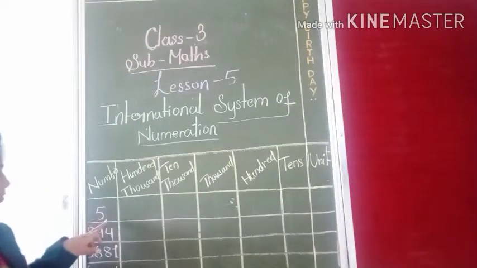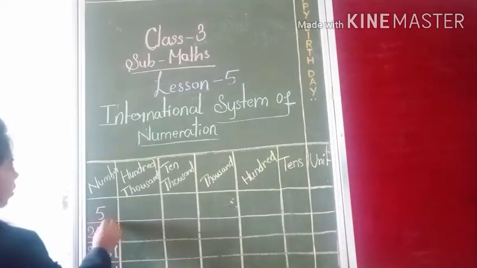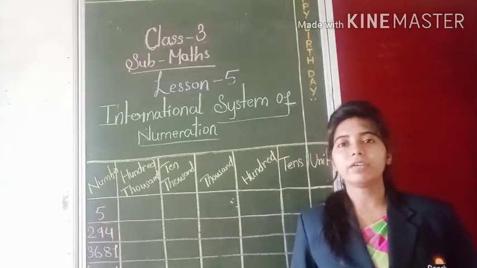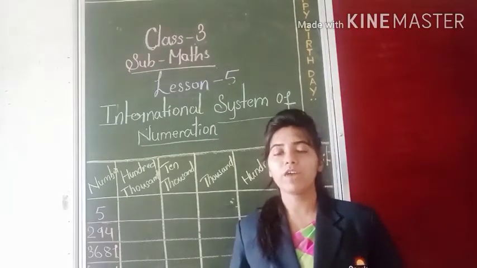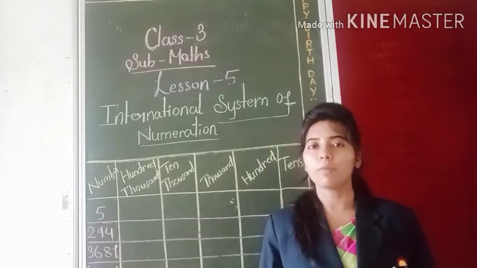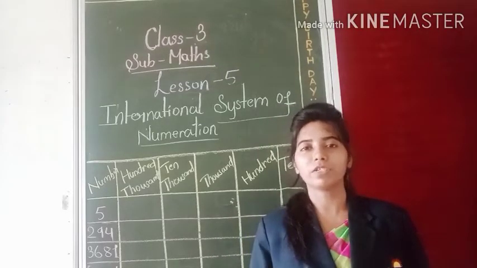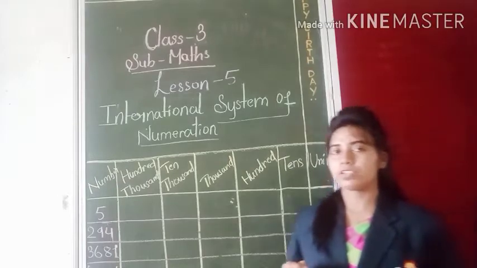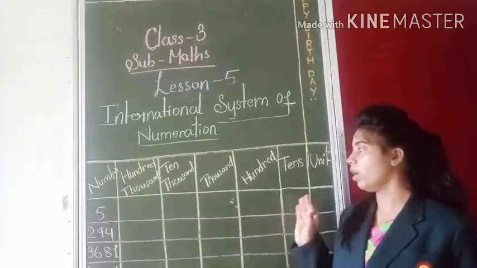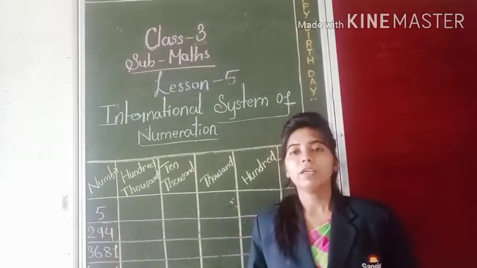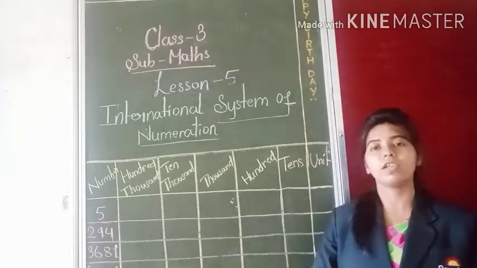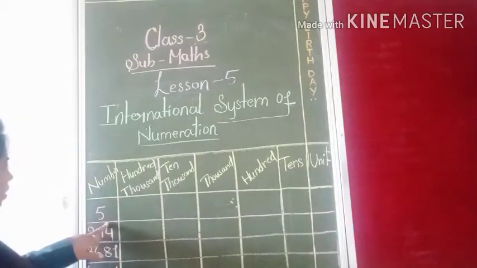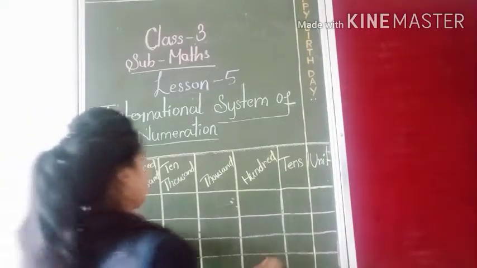In the international system, after every 3 digits we put a comma. We arrange the number from right to left, and when reading, we go from left to right. Which place is this number in? 5 units.